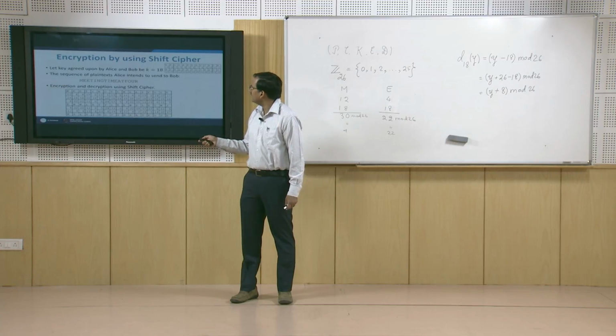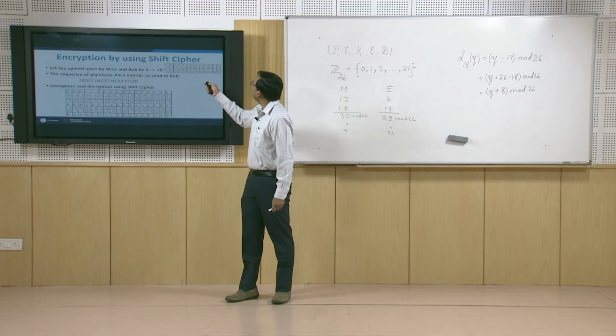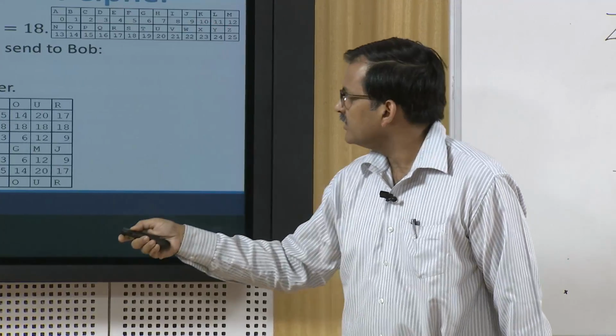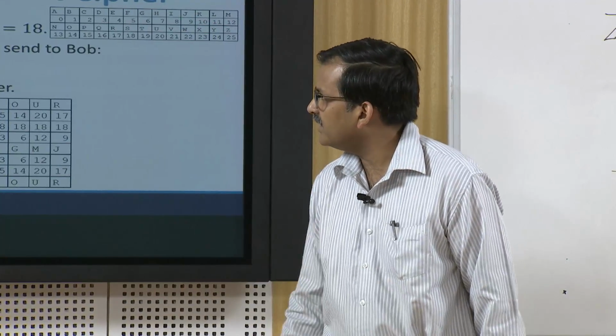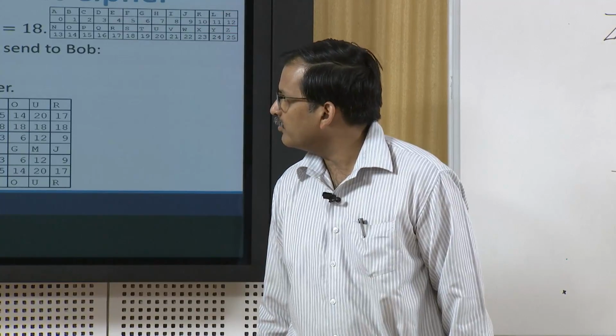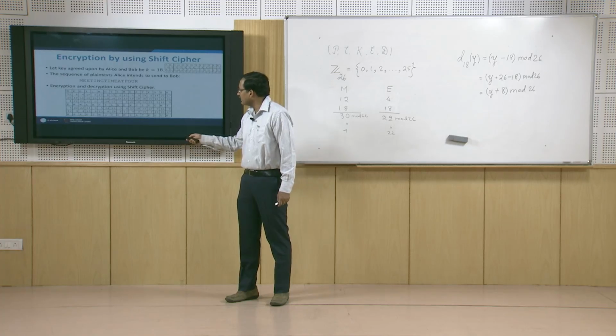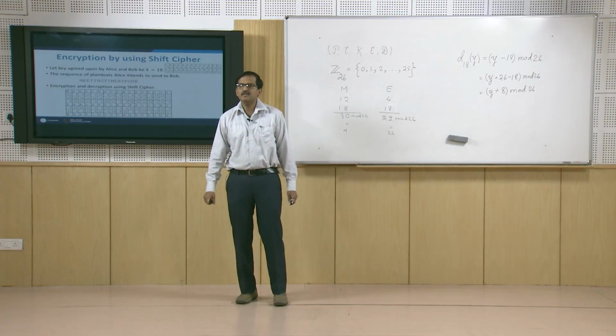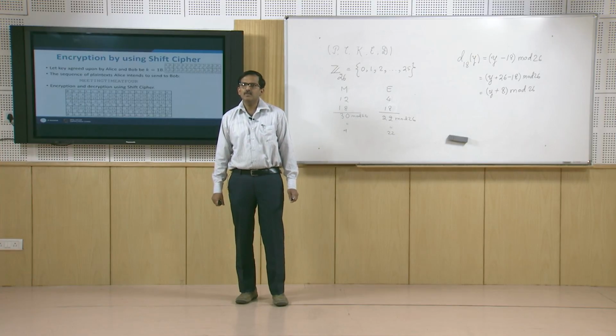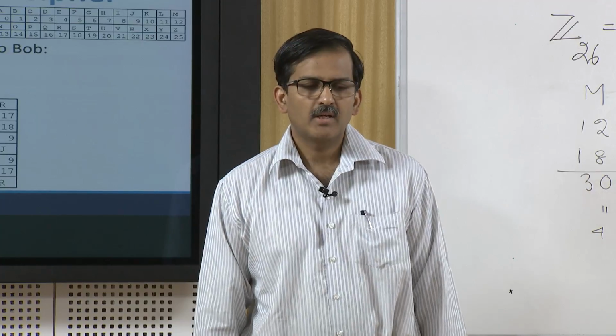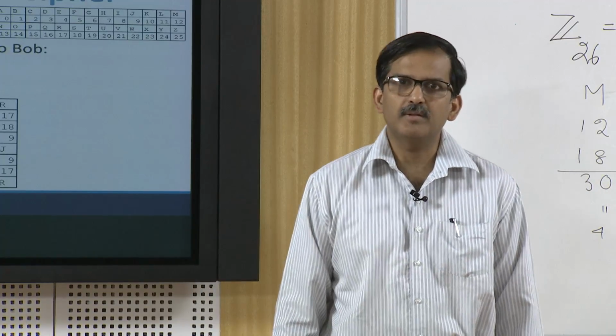So, he knows the encoding. So, 12 is M. So, he knows that Alice wanted to send M to him. Similarly, he can do stepwise and get back all the letters that Alice wanted to send him. That is the shift cipher.